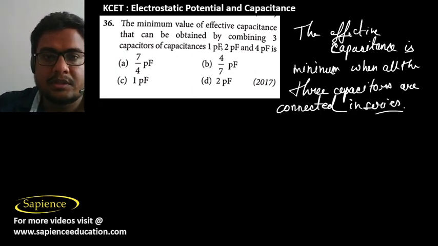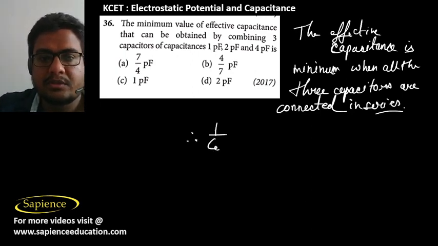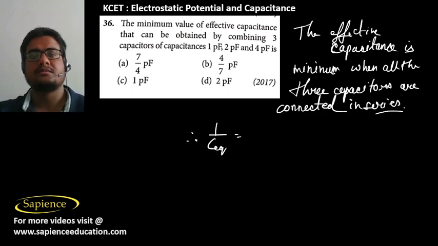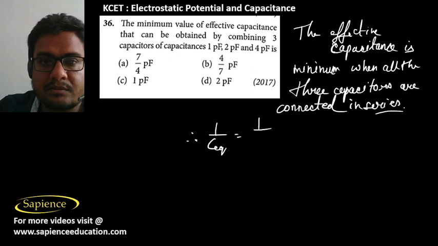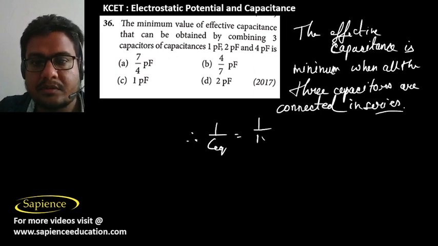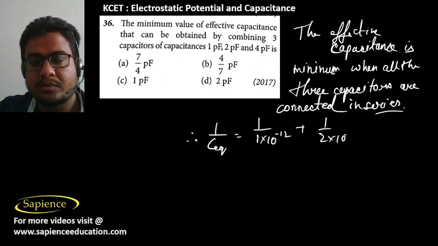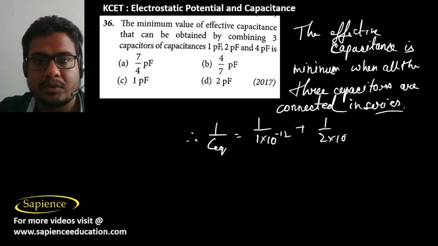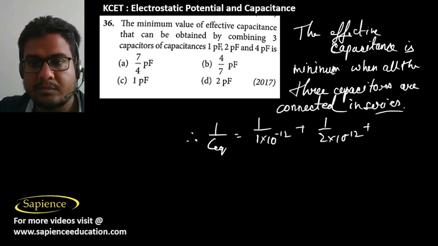So when they are connected in series, 1 by C equivalent is the C effective. That will be 1 by 1 picofarad, meaning 1 by 1 into 10 power minus 12, plus 1 by 2 into 10 power minus 12, plus 1 by 4 into 10 power minus 12.